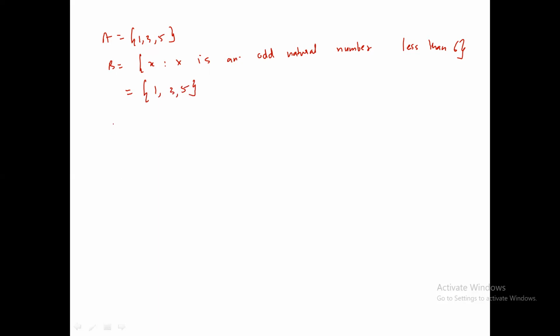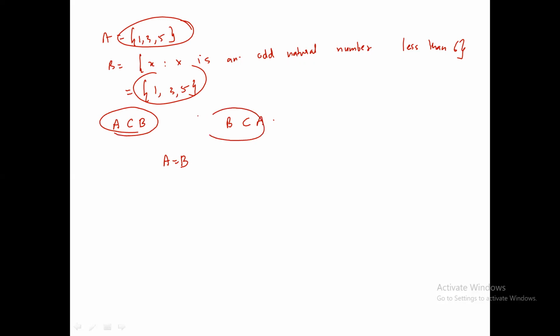So all the elements of A are present in B, all the elements of B are present in A. A is a subset of B and B is a subset of A. Then I can say A and B are equal. See, sets A and B, they are equal. So always for equal sets, A will be a subset of B, and B will be a subset of A.